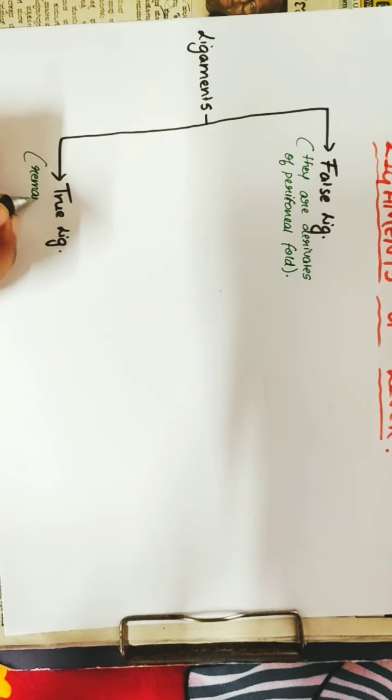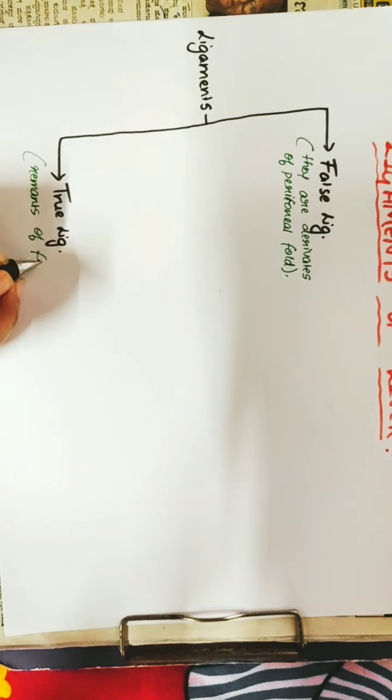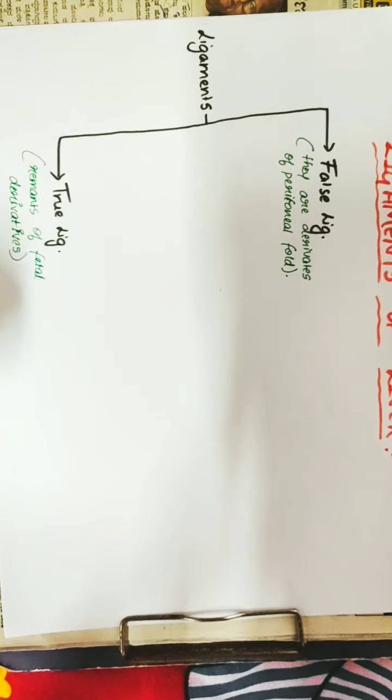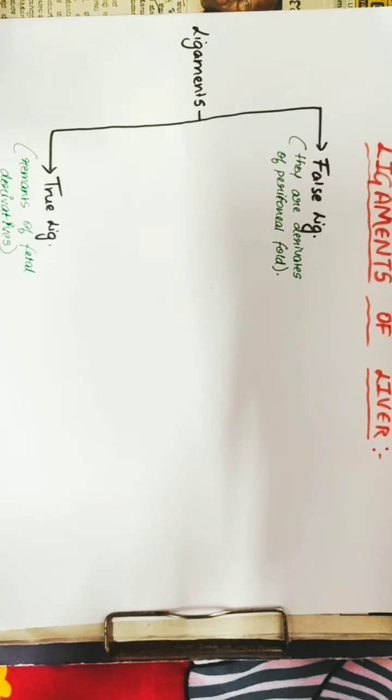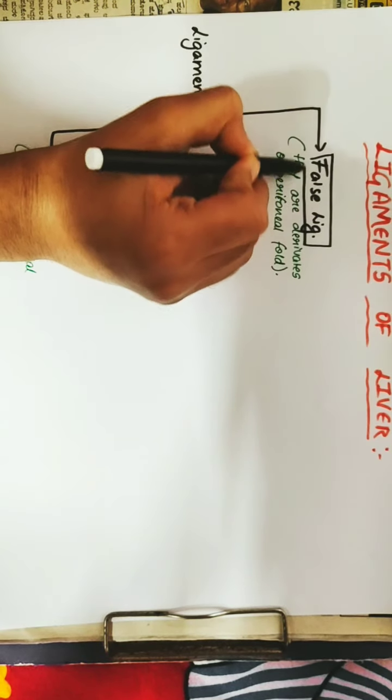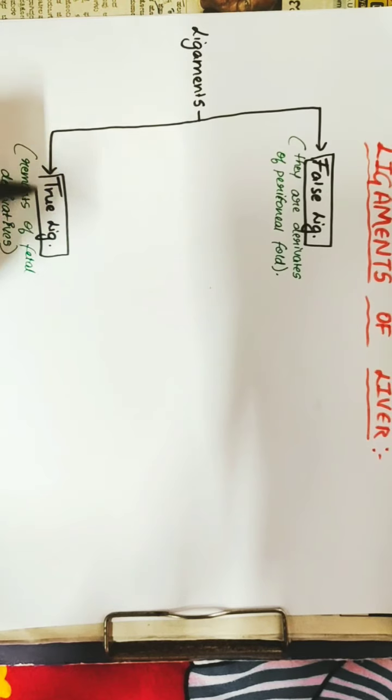They are remnants of fetal derivatives. They were found in fetal life, the fetal period. So these were the definitions of the true ligament as well as the false ligaments. Now we'll see the deeper classification of false ligament as well as true ligament.